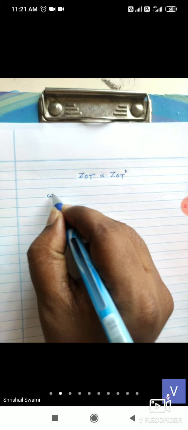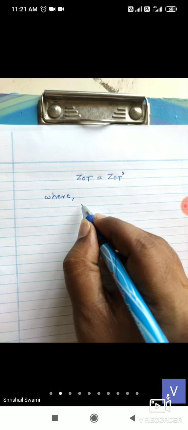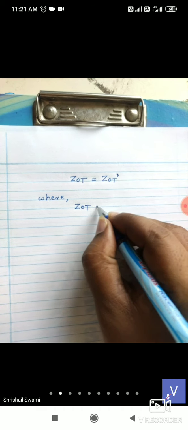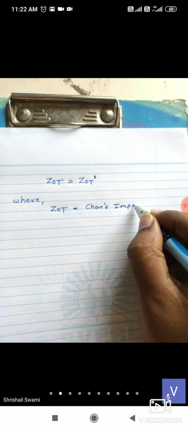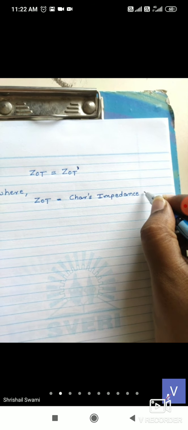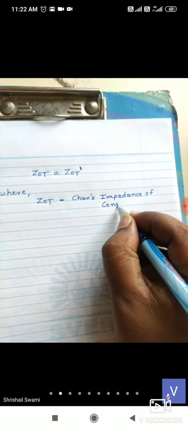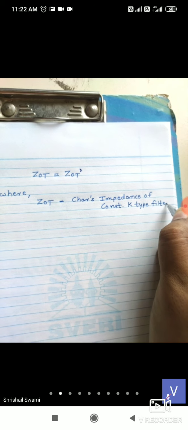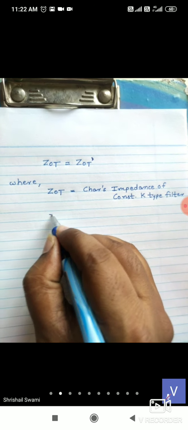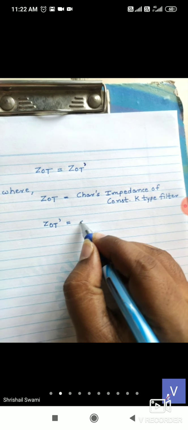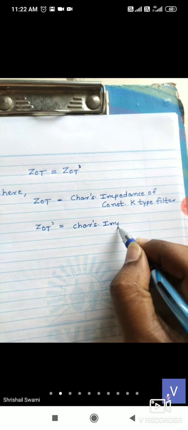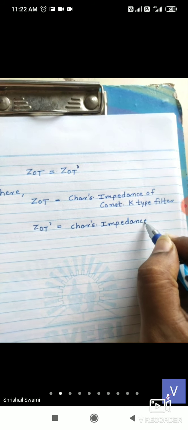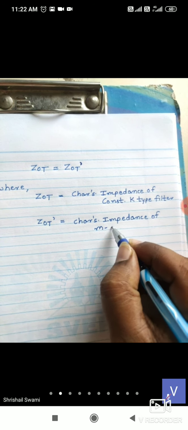Okay, so I will write where Z0T is characteristics impedance of constant K type filter of T section. We are talking about T, that is T section. Next, Z0T dash, it is characteristics impedance of M derived filters.